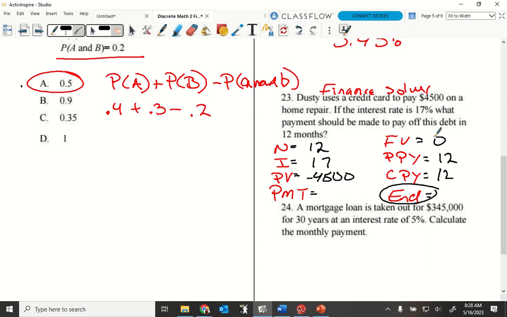And what do we come up with? 110.42. Very good.